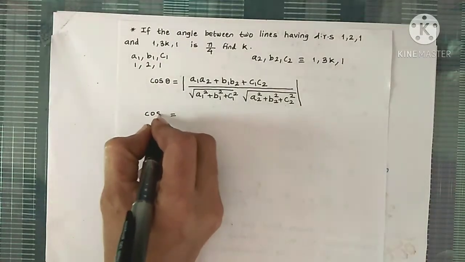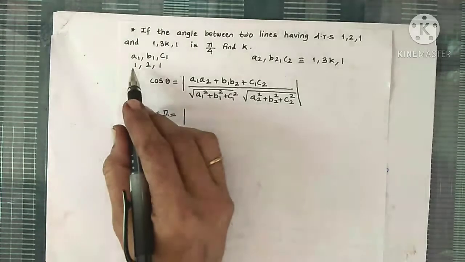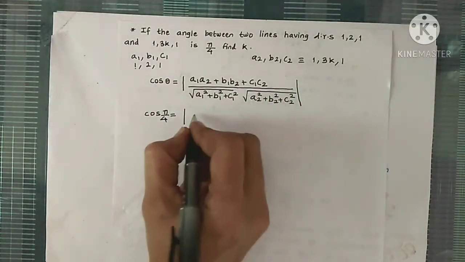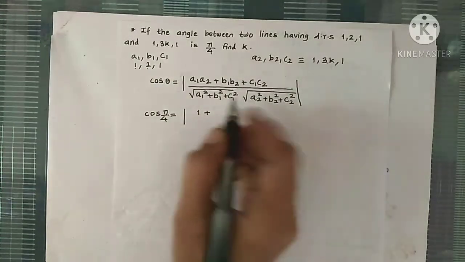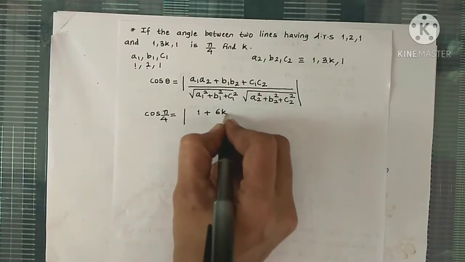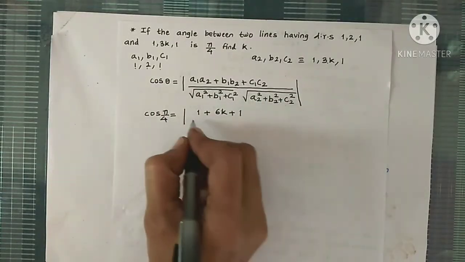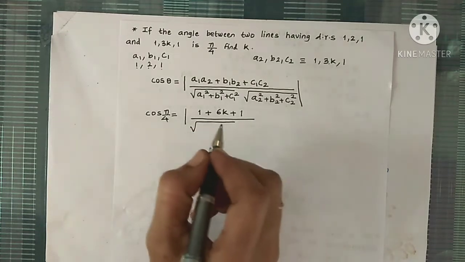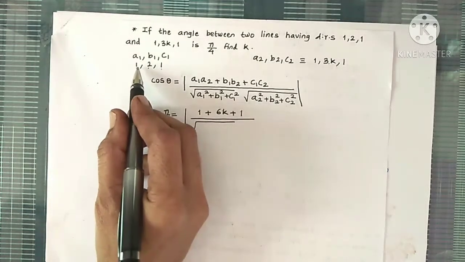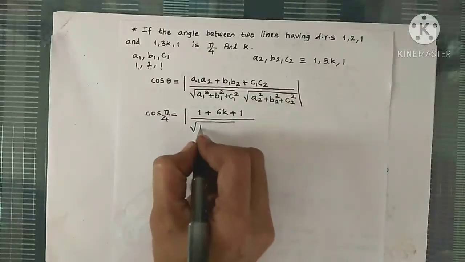Let's substitute theta equal to pi by 4 and solve for k. So cos of pi by 4 equals a1 is 1, so 1 into 1, that is 1, plus b1 b2, that is 2 into 3k, so it is 6k, plus c1 c2, again 1 into 1, that is 1, divided by root of a1 square plus b1 square plus c1 square. Squaring and adding these three numbers, we get 1 plus 4 plus 1.